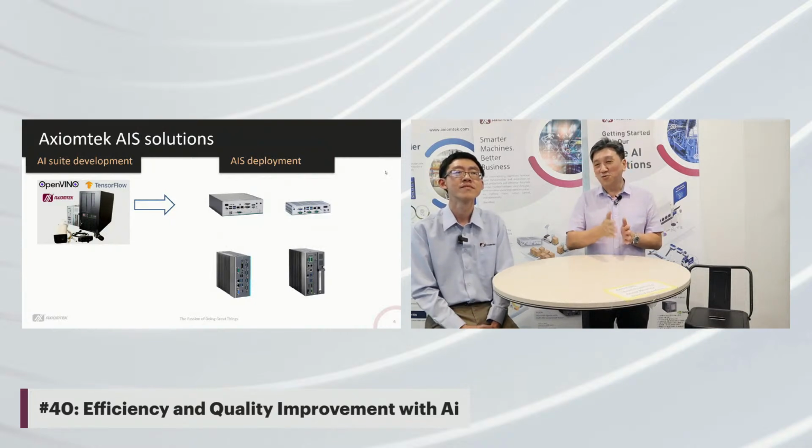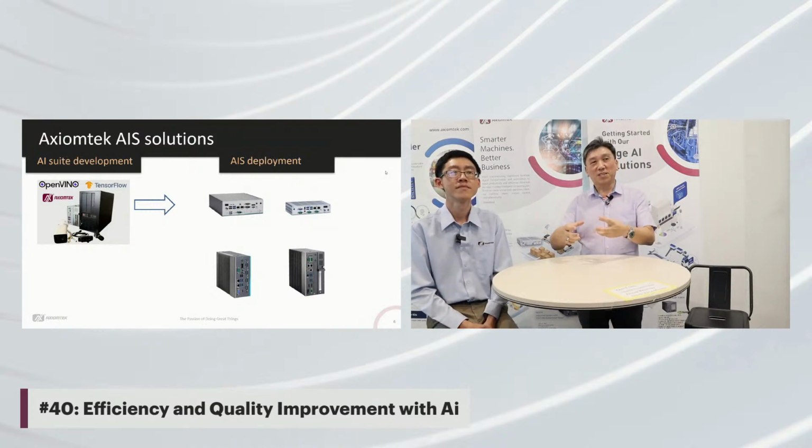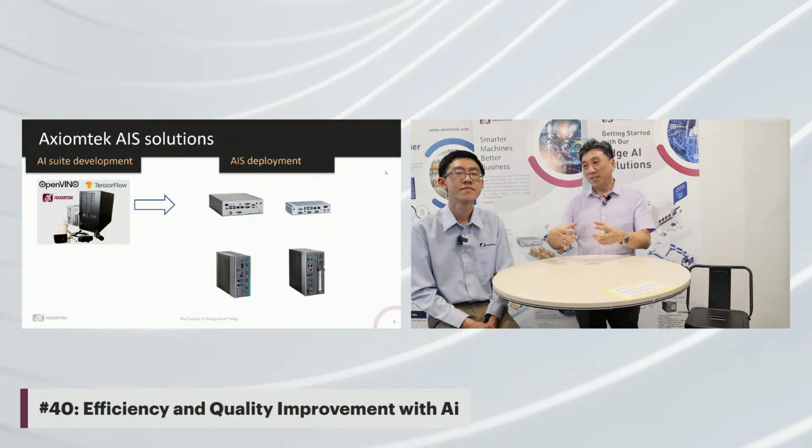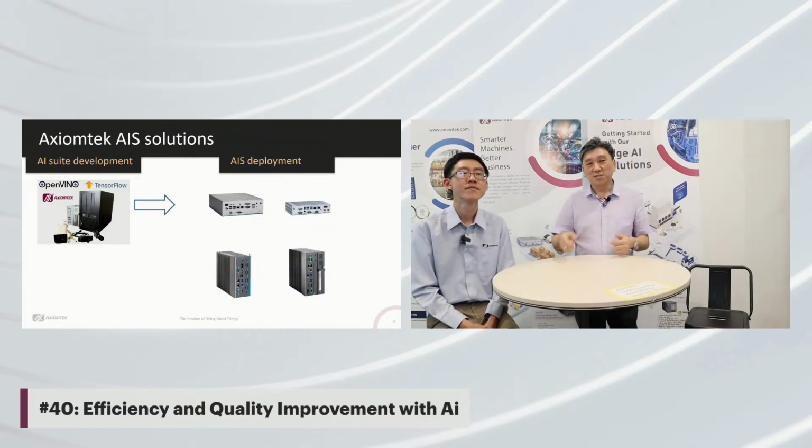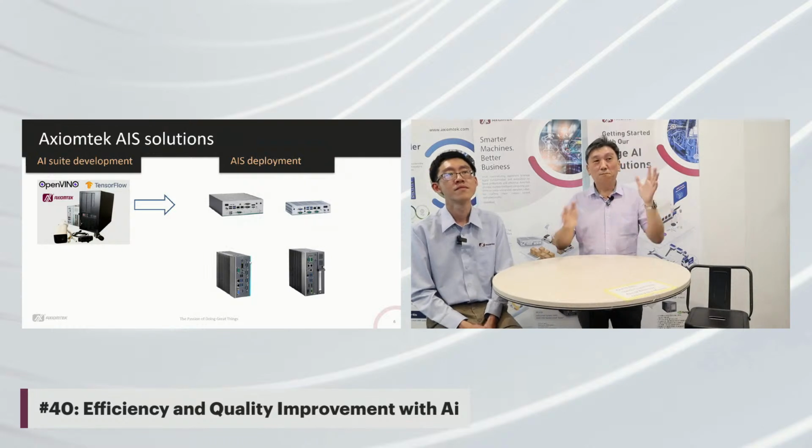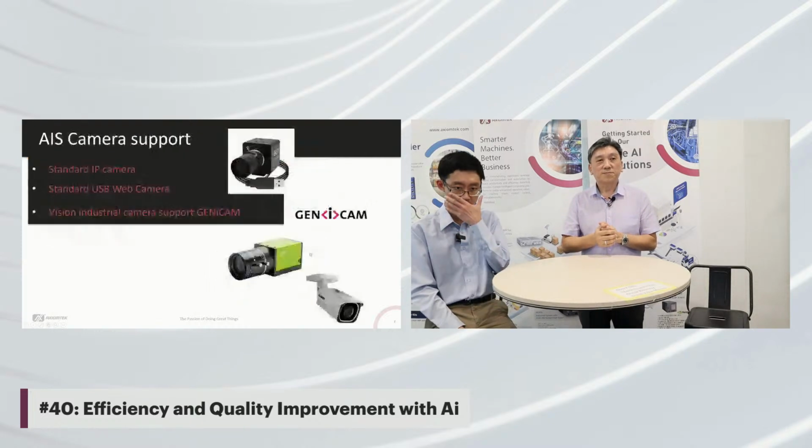Then you can do deployment onto a different AIH platform. That's where you use the small system to deploy into your production floor and so on. This is how the whole concept works, steps 1, 2, 3, 4, plus the final transfer.